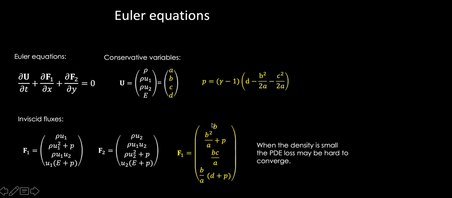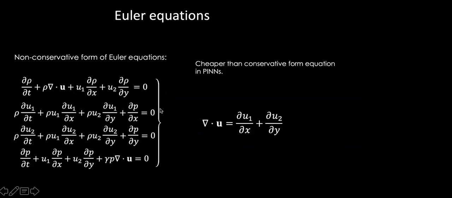In fact, for this work, I changed the conservative form of the PDE to the non-conservative form in PINNs. In traditional methods, the conservative form is better, both theoretically and practically. It can keep the conservation of conservative quantities if we use an integration scheme, for example, finite volume or finite element.